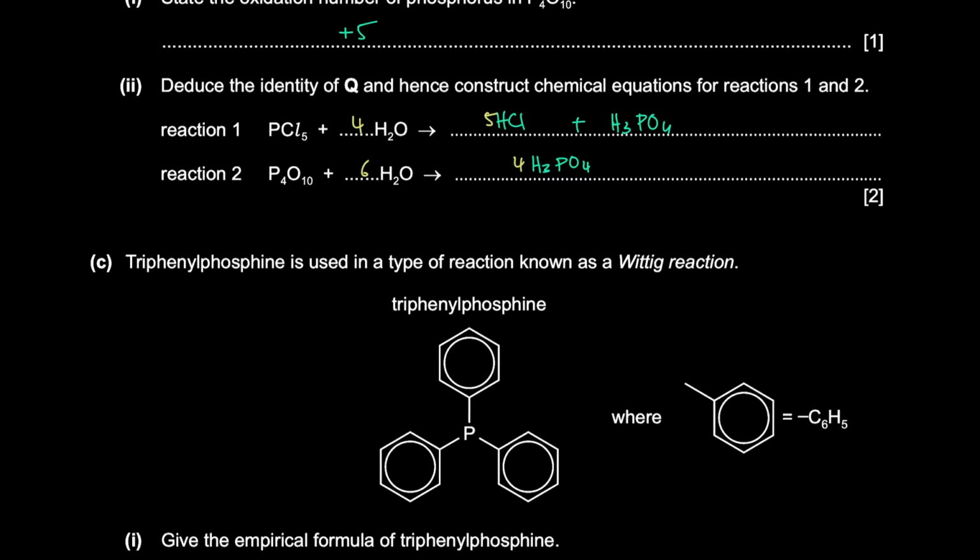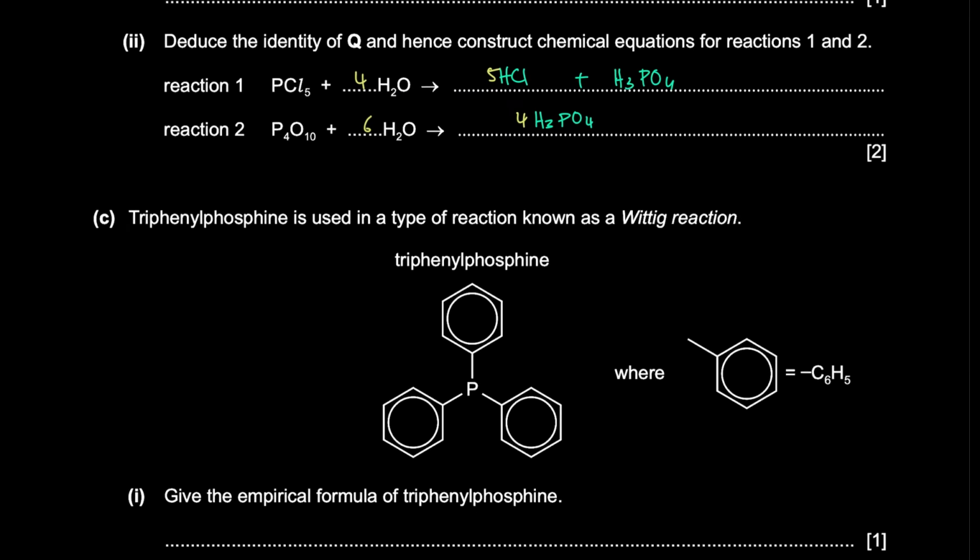The next part of the question is part C, which says the triphenylphosphine is used in a type of reaction known as a Wittig reaction. So we have triphenylphosphine here, where this ring over here has the formula C6H5. Right? This is a benzene ring. This is something you'll get more familiar with in A2.